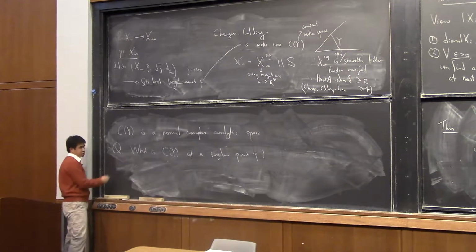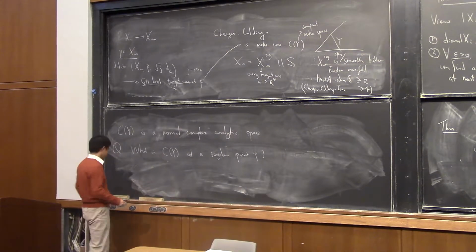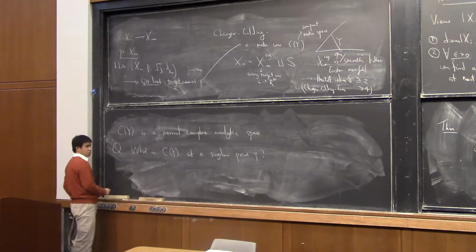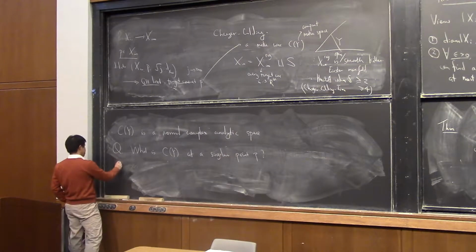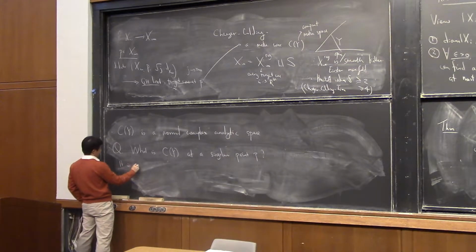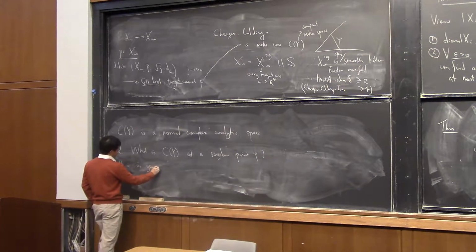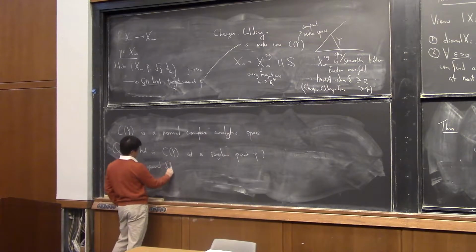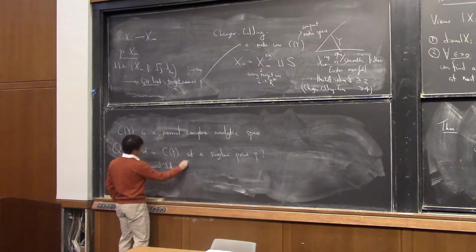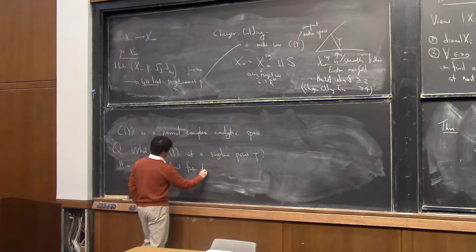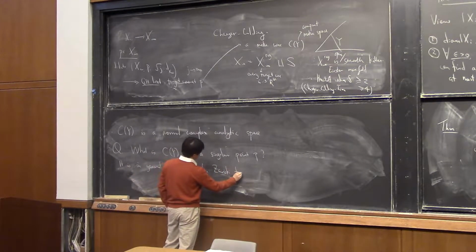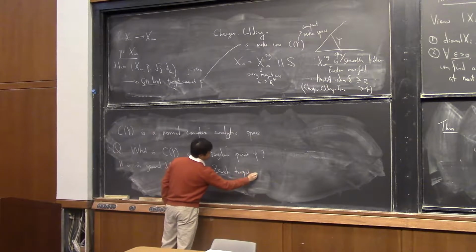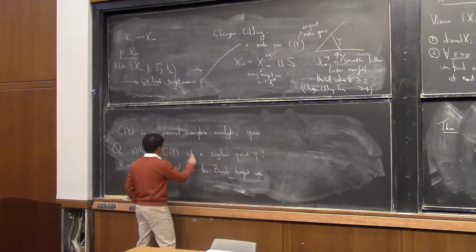In algebraic geometry, we also have a notion of a tangent cone, the Zariski tangent cone. But unfortunately, in general it's different from the Gromov-Hausdorff tangent cone. The Zariski tangent cone can be non-normal. This is always normal.